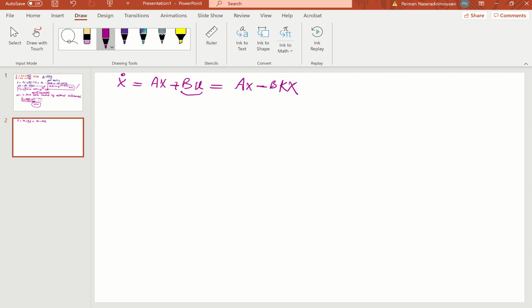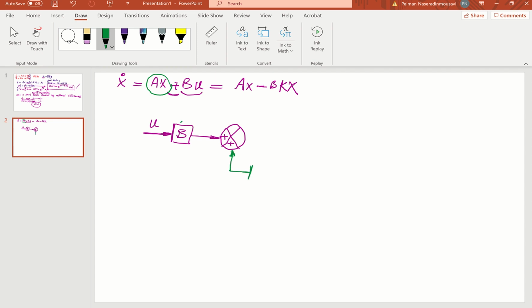Bu: you are giving a u control command multiplied by the B vector or matrix, because for the MIMO system it becomes a matrix. This is being summed with Ax. So we need A being summed with Ax.